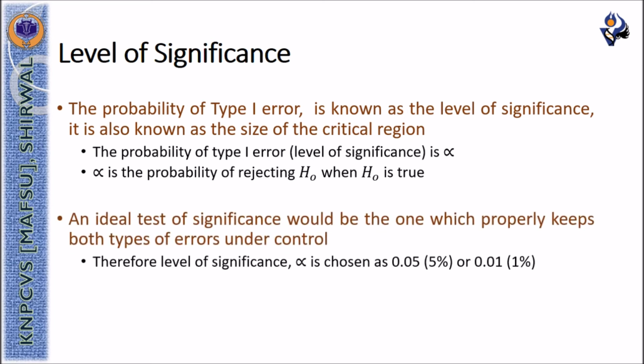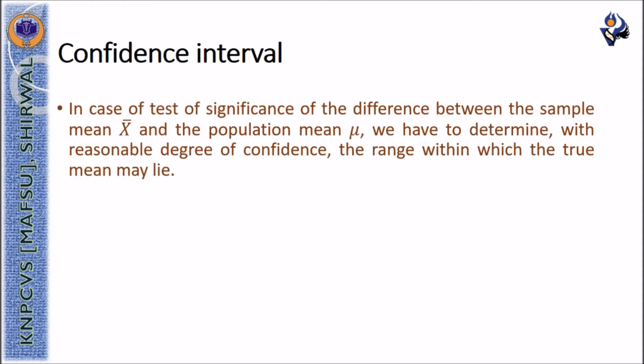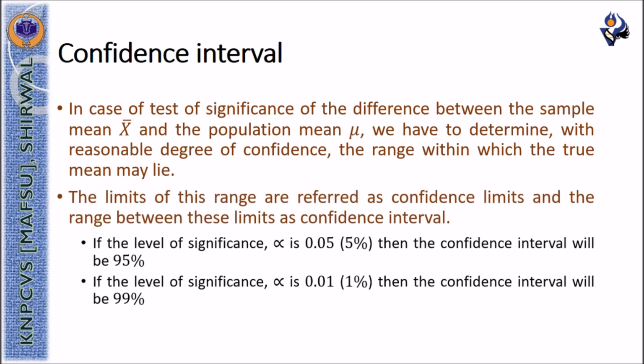An ideal test of significance would be the one which properly keeps both types of errors under control. In case of test of significance of the difference between the sample mean and the population mean, we have to determine with reasonable degree of confidence the range within which the true mean lies. The limits of this range are referred to as confidence limits, and the range between these limits as confidence interval.